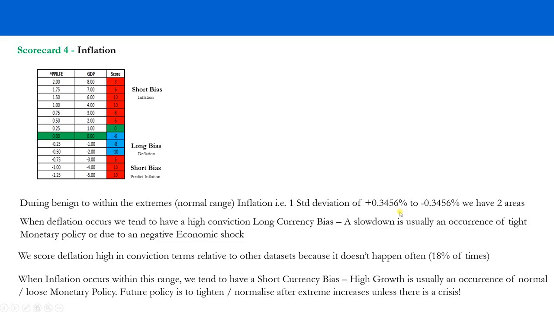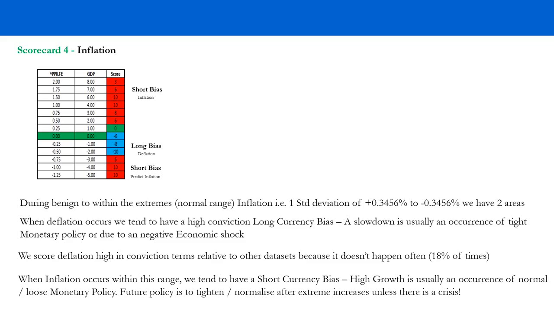And when deflation occurs, we tend to have a high conviction long currency bias, because a slowdown is usually an occurrence of tight monetary policy or due to a negative economic shock. And we score deflation high in conviction terms relative to other data sets, because zeroflation and deflation, so we've accounted for 0 as deflation here, doesn't happen often at all. It only happens in total in 18% of times, 18% of months.